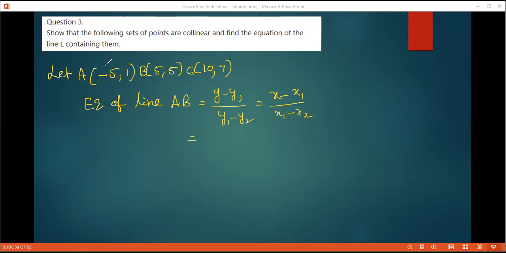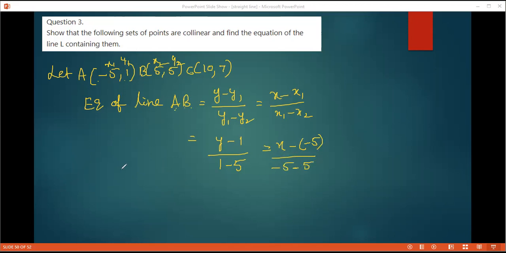So this is x1 y1 and x2 y2, because we are taking AB. That's why I'm taking these 2 points. So y minus y1 by y1 minus y2, y2 is 5, which is equal to x minus x1, x1 is minus 5, by x1 minus x2, x2 is 5.